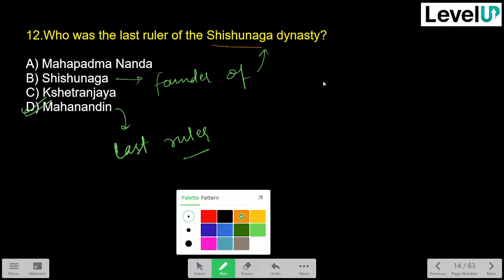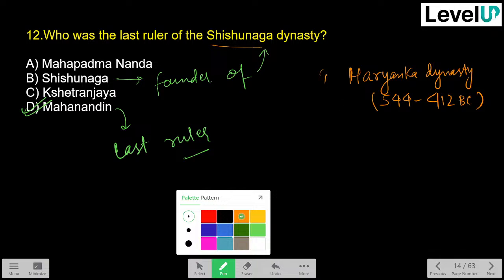So the chronology is in that form. First came the Haryanka dynasty, with the time period 544 BC to 412 BC, as we know.